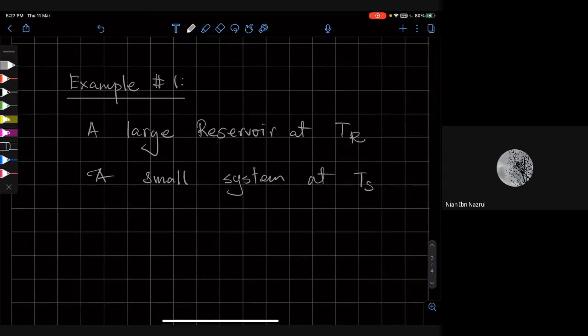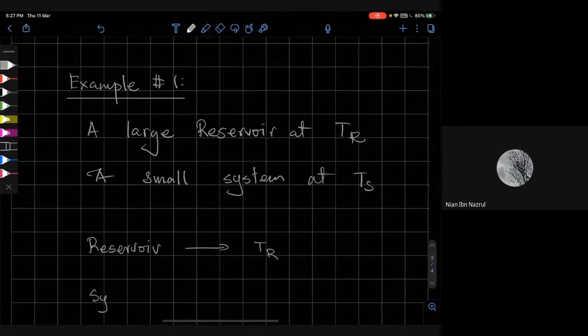After some point, the reservoir still will have the same temperature because it's quite big. So even if it's giving up heat or absorbing heat, its temperature is not going to change much. So we just assume that it's going to end up at the same temperature.